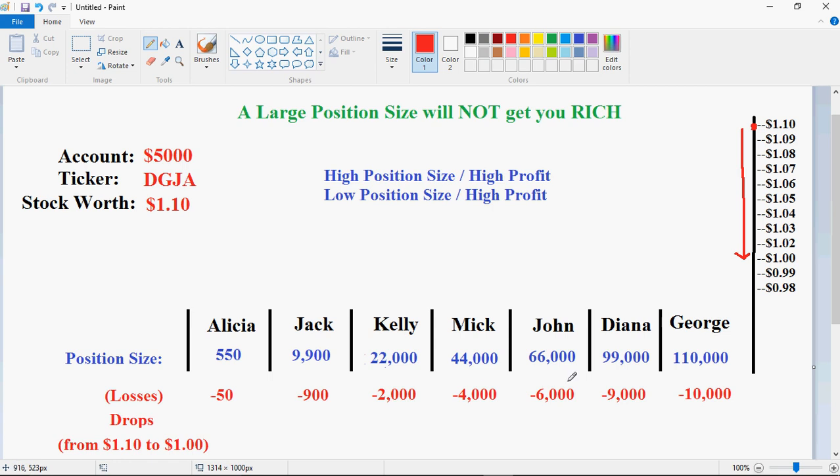John, let me explain John, Diana, and George. When you sign up to trading, you have something called a broker. A broker is just someone who handles all of your money. It's another individual who runs your money and so forth.